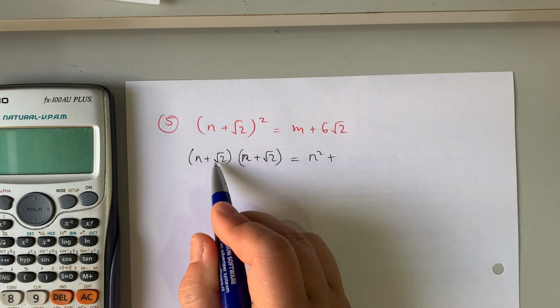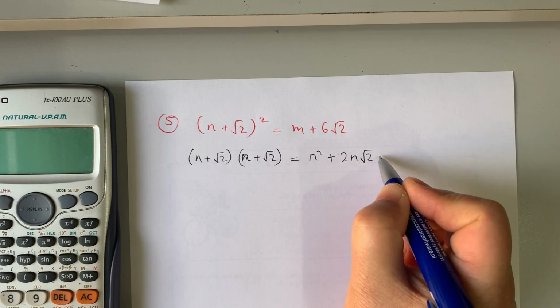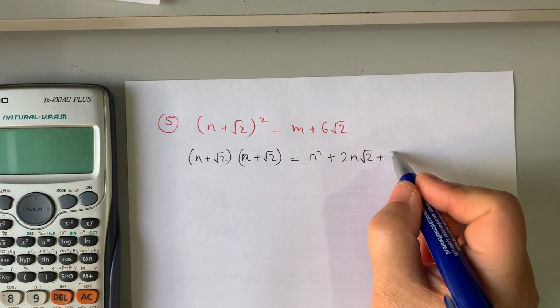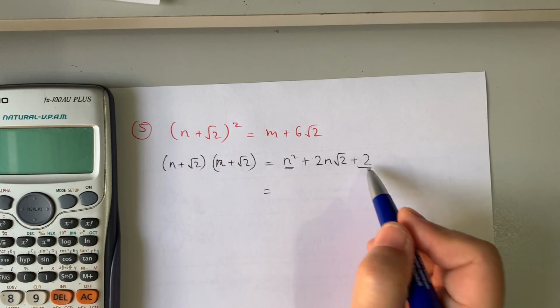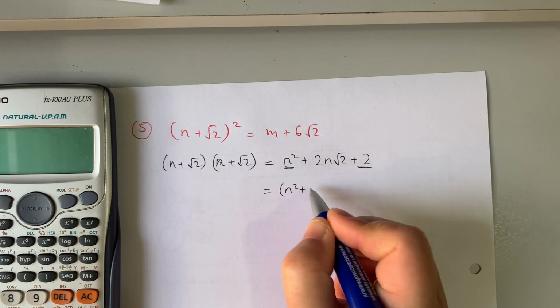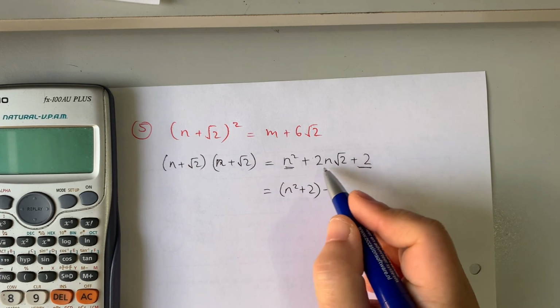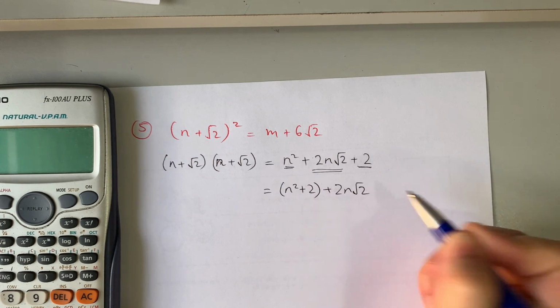So n root 2 plus n root 2, that will give you 2n root 2 plus root 2 times root 2 will be 2. So n squared plus 2, that's the whole number bit. Let's put them together. N squared plus 2 plus, this is the irrational bit, the surd bit. So 2n root 2.